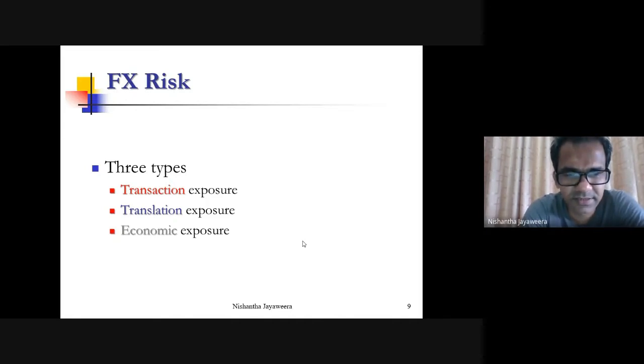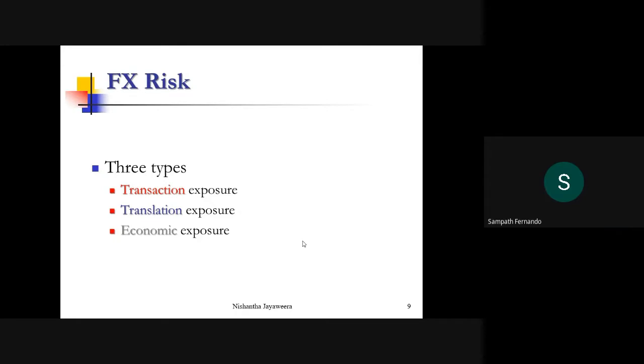That's how I got it. Yes, due to exchange rate movements in the market, those two parties are exposed to transaction exposure.